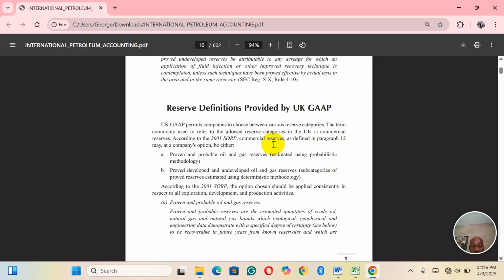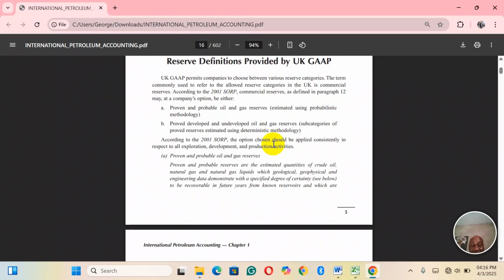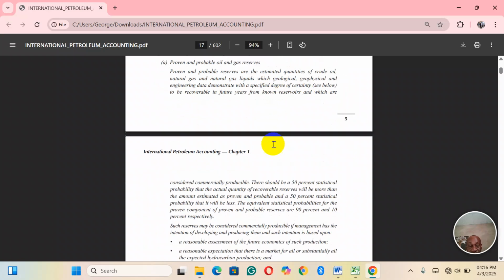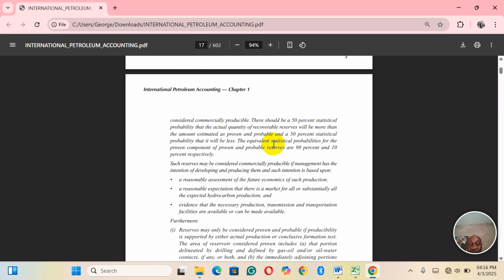A, proved and probable oil and gas reserves. Proved and probable oil and gas reserves are estimated quantities of crude oil, natural gas, and natural gas liquids which geological, geophysical, and engineering data demonstrate with a specified degree of certainty to be recoverable in future years from known reservoirs, and which are considered commercially producible.